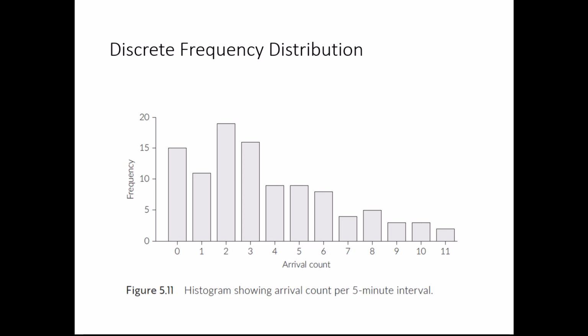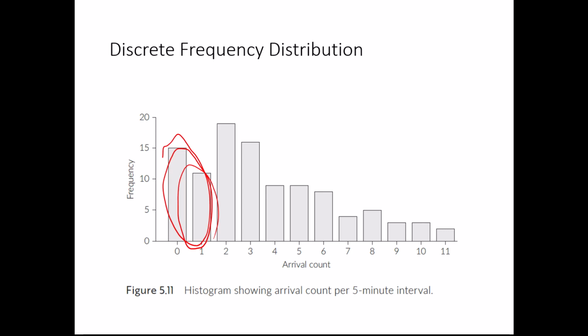You have the frequency, and the arrival count is the number of people that arrive, and the frequency is 15. Then for an arrival count of 2 it is higher, and then it tapers down until you have a frequency of 1 for an arrival count of 11.